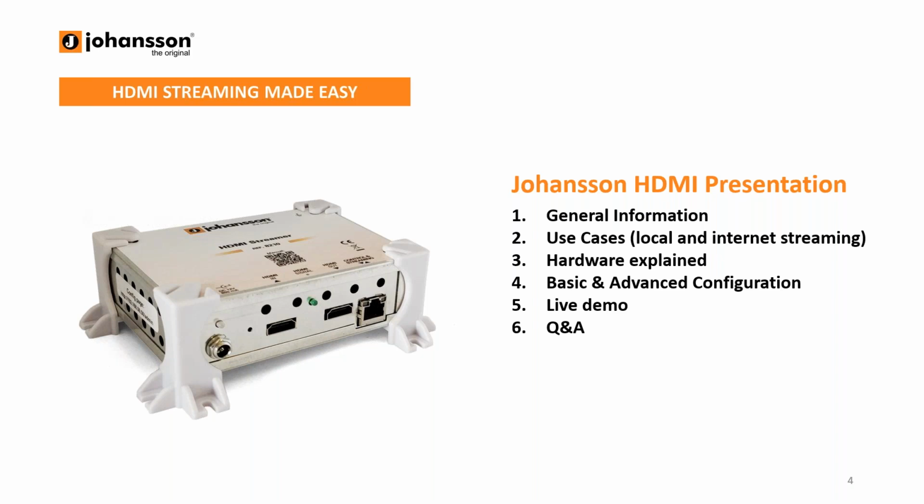I will explain a bit about the hardware and also give you some basic configuration and also some advanced configuration ideas that could be useful. And then I will give you a quick live demo, and at the end we can do the Q&A session.